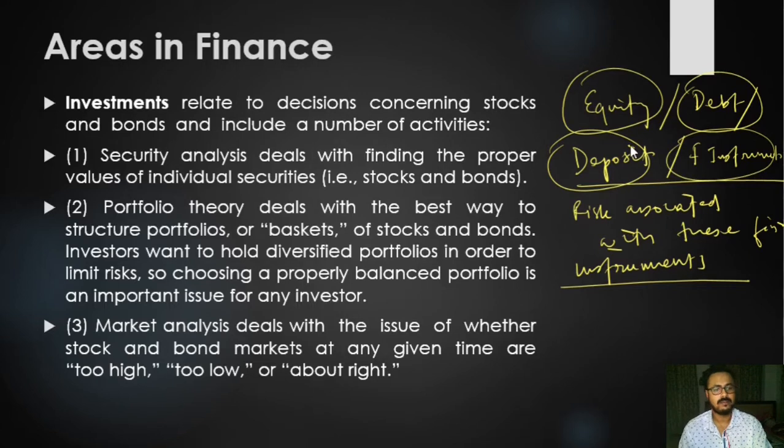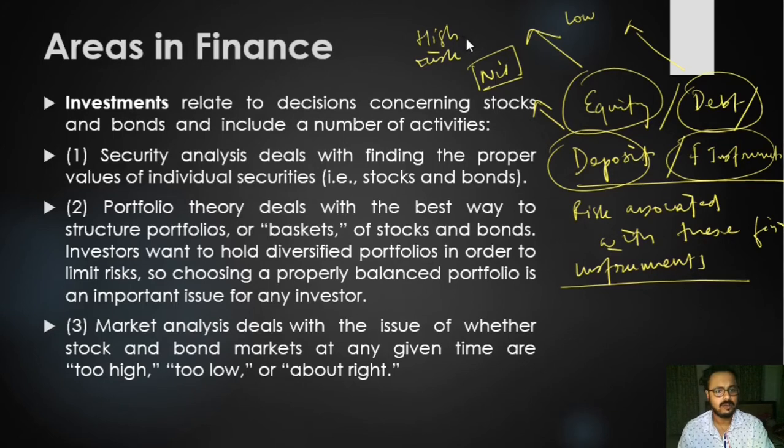For example, the risk associated with equity is a bit high. High risk is involved. The risk associated with debt is a bit low, and in deposits such as bank deposits, it's almost nil. Why? Because banks already guarantee you the return on their deposits. But in equity, this guarantee is not there.